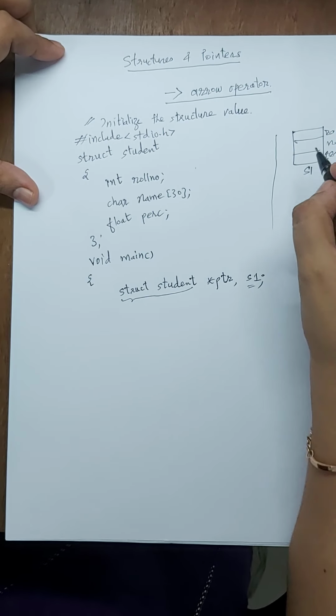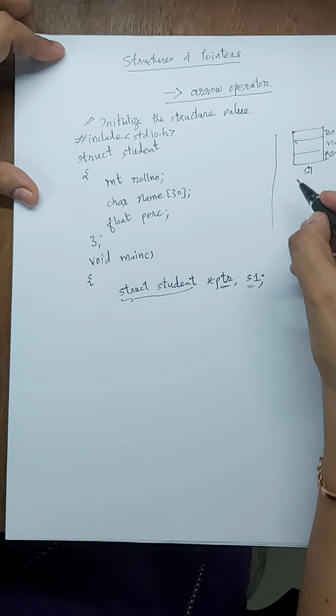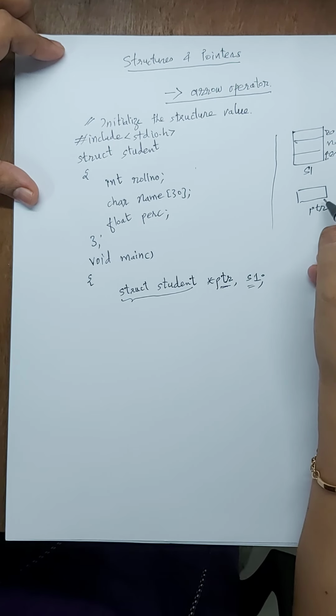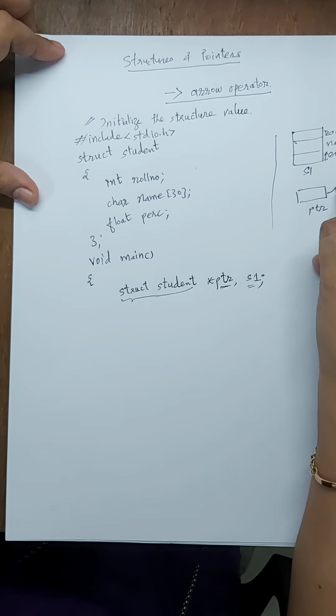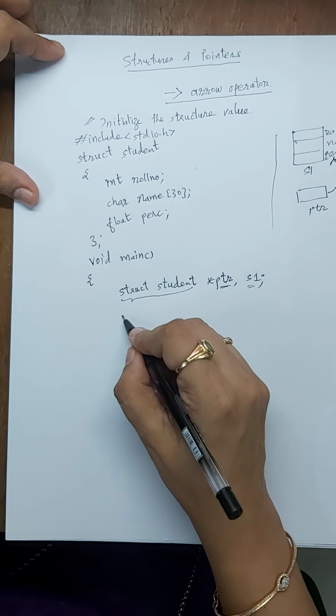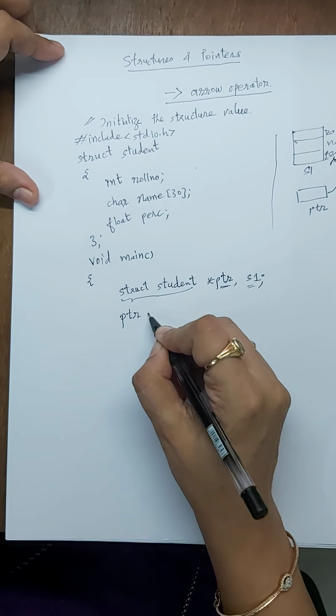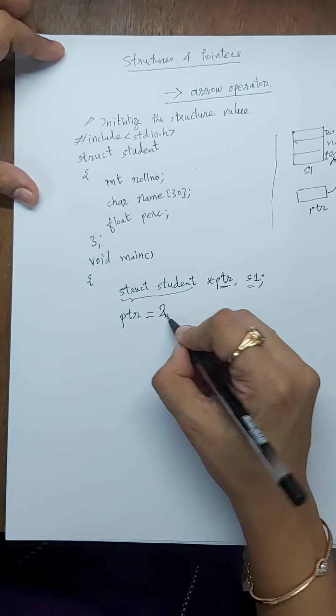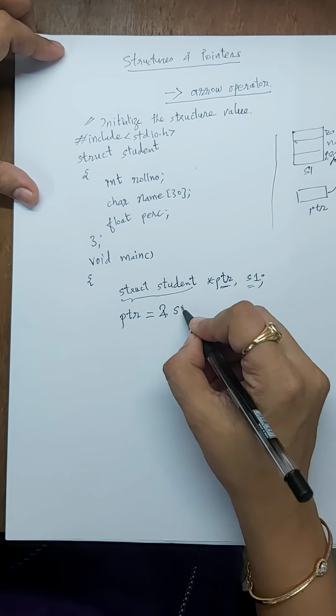Now we have declared another variable also, that is the pointer variable, and its name we have given as PTR. This pointer variable will point to S1, but it will not point to S1 on its own. So we'll have to write a statement for that: pointer is equal to address of S1.